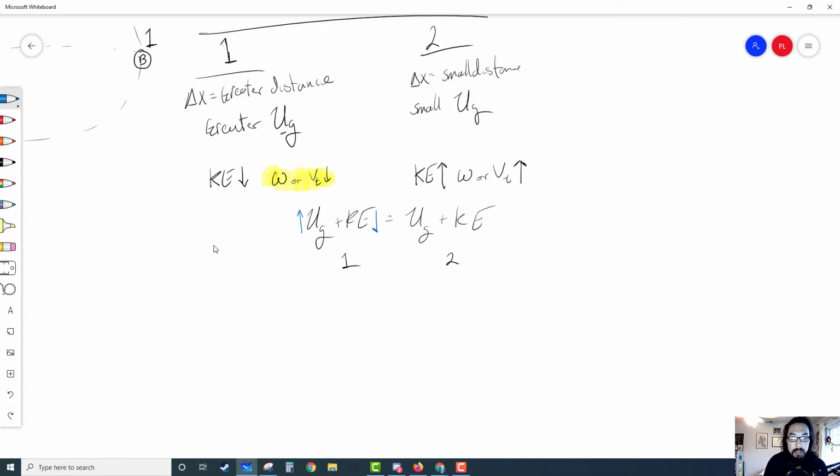Therefore, the kinetic energy has to decrease. Okay, if one goes up, this goes down. In order to keep up with that, over here on the right, I'll do this in red, we said that the potential energy decreased, therefore the kinetic energy has to increase. Okay, that's because we want to keep all those ratios the same.